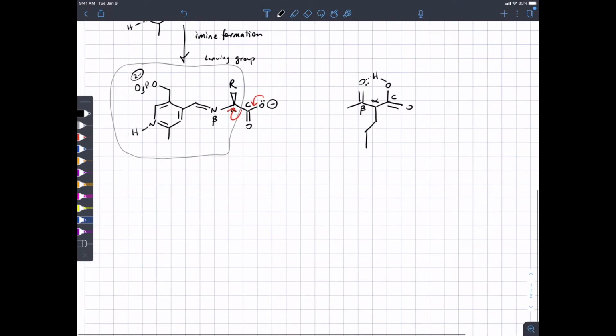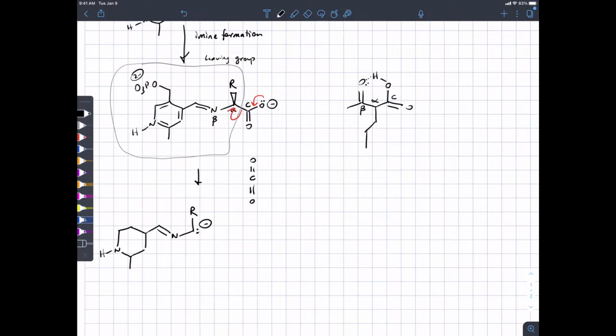So we would lose CO2, and what would be left would be the R group and a negative charge here. But notice that the PLP portion of our molecule already has a positive formal charge on it, and that ring is conjugated with the imine.